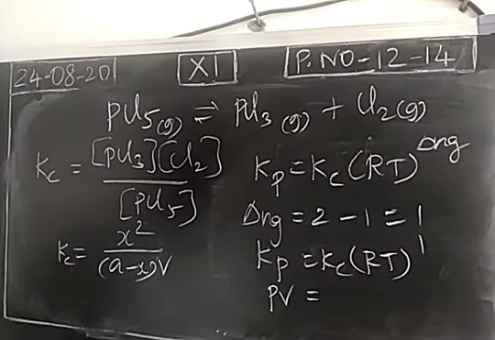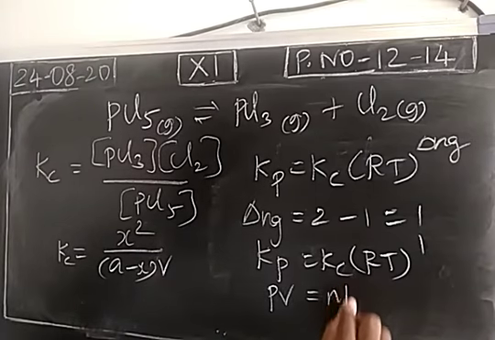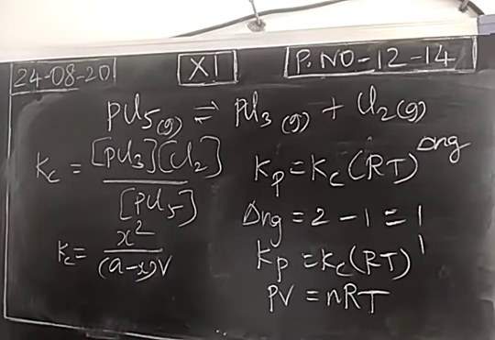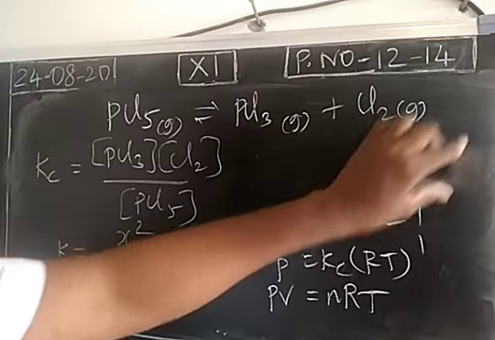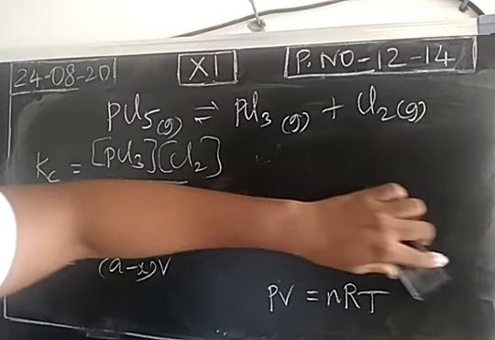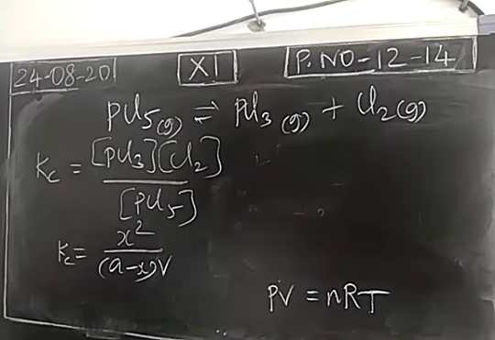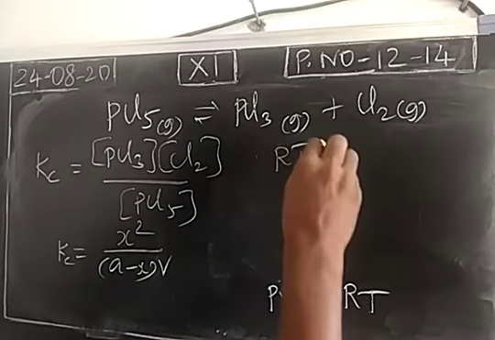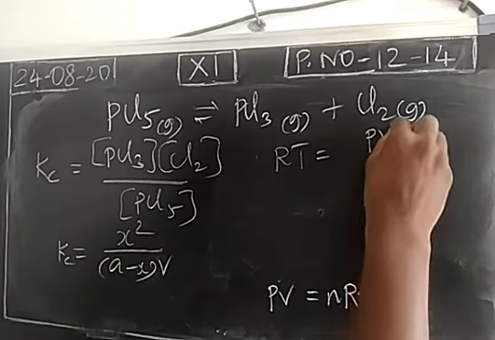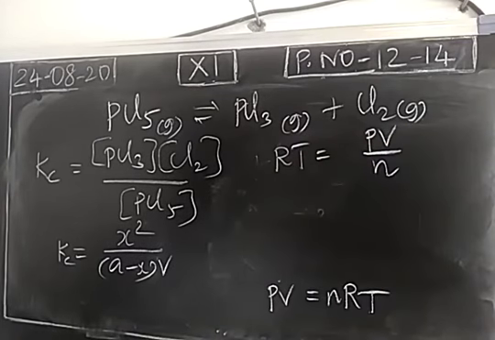And we know the ideal gas equation, PV is equal to nRT. We need RT. RT means PV by n.